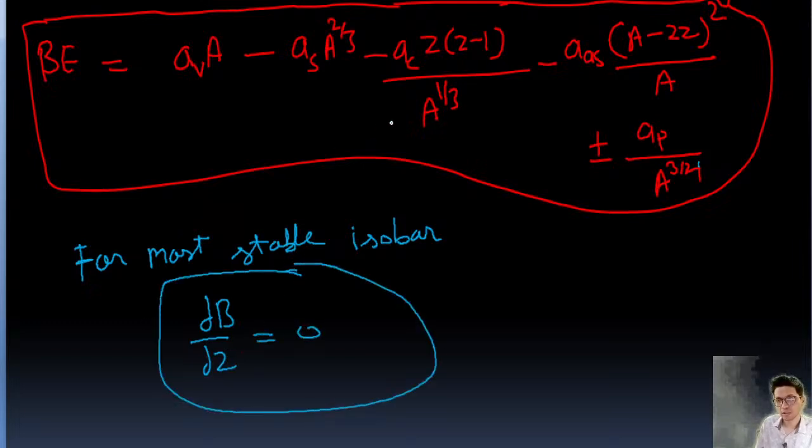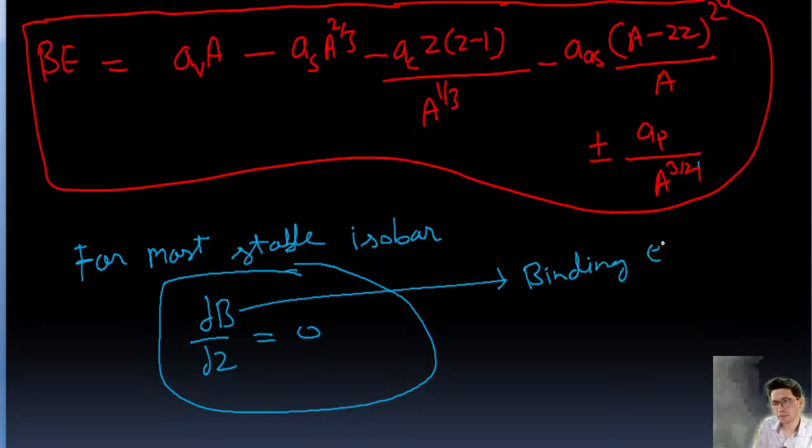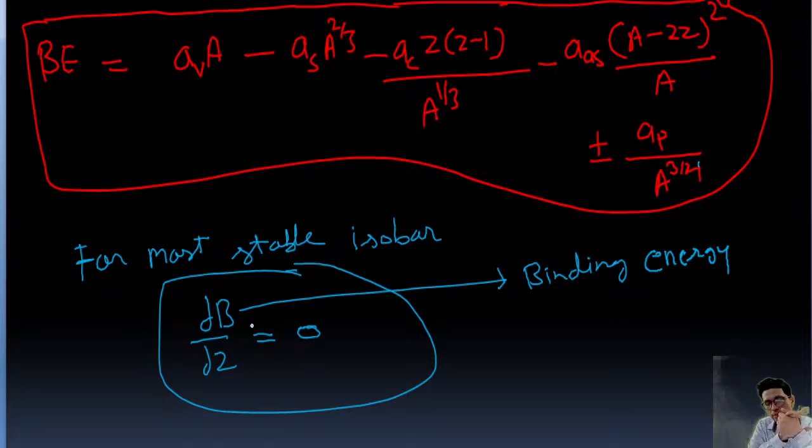If you have been given this formula and you need to find the most stable isobar, you have to differentiate it with respect to Z. If you are given the binding energy and asked to find the Z value of the most stable isobar, we differentiate the binding energy with respect to Z, put it equal to 0, and get the value of Z.